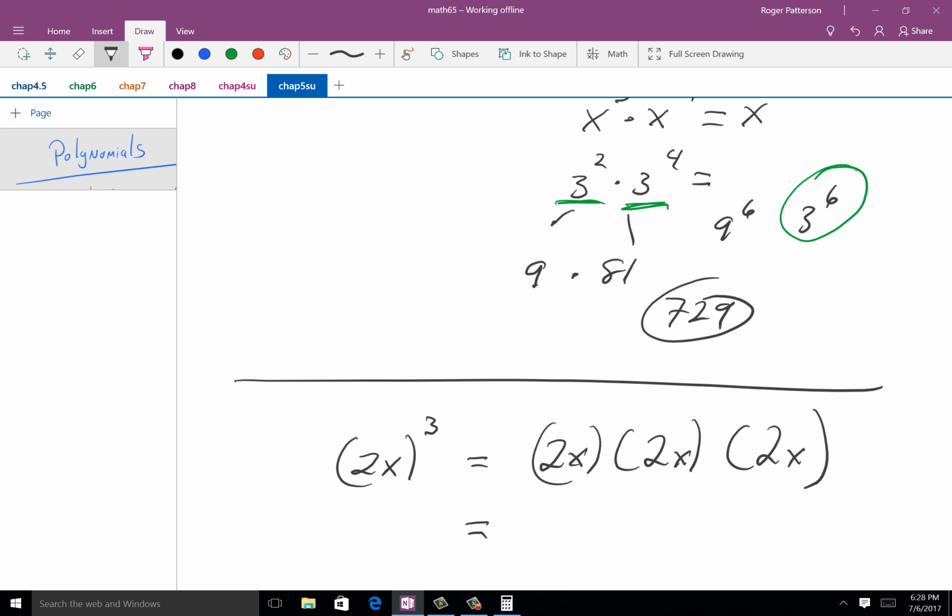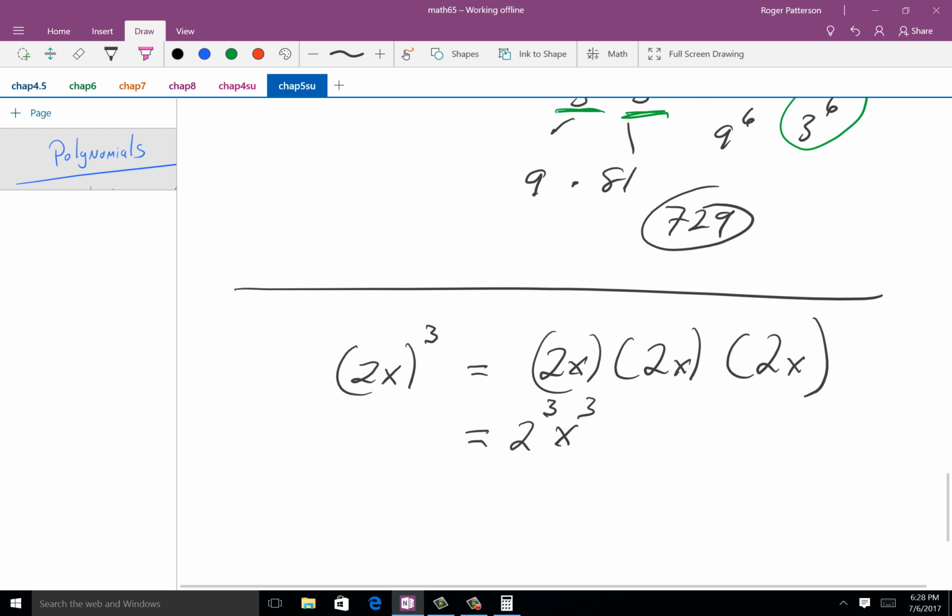Okay, so let's see what we got. 2, 4, 8. So that's how many 2's? 2 to the what? The cube, good. And x to the third, good. 8x to the third.